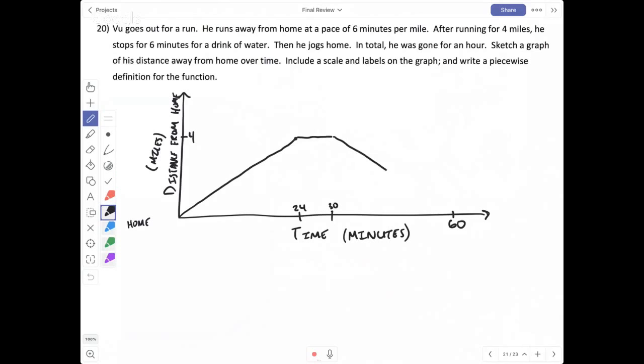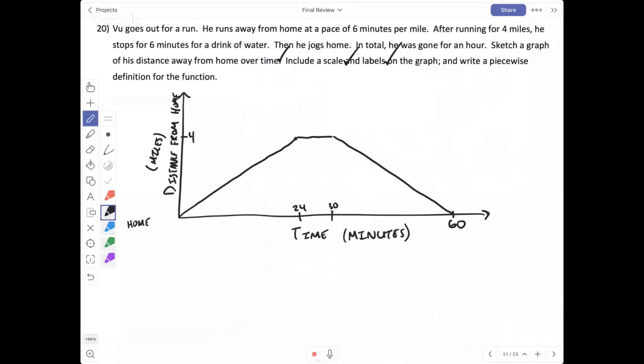Here is Vu zooming not quite so fast towards home. Great. Sketch a graph of his distance away from home over time. Check. Include a scale. Check. And labels. Check. On the graph.